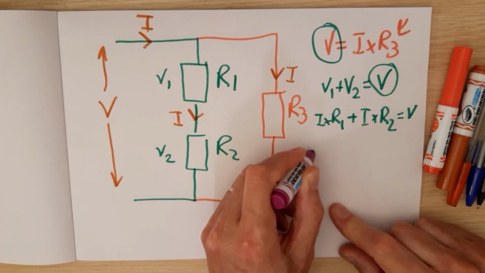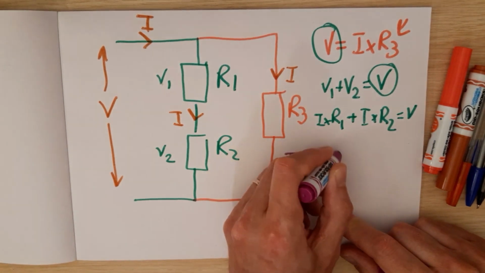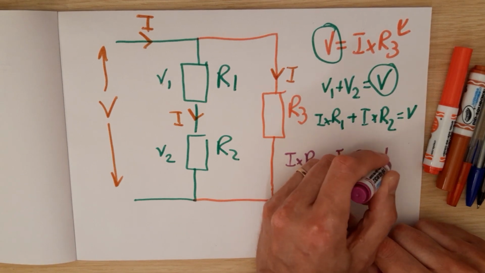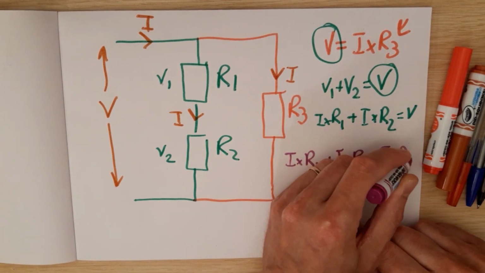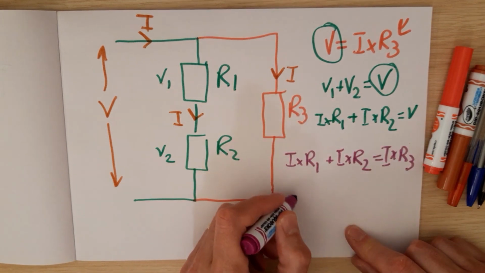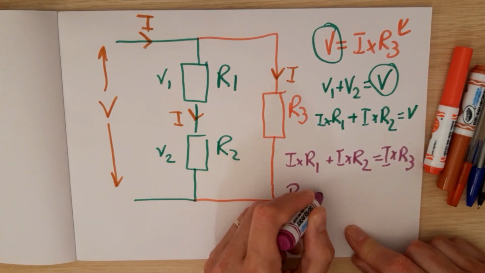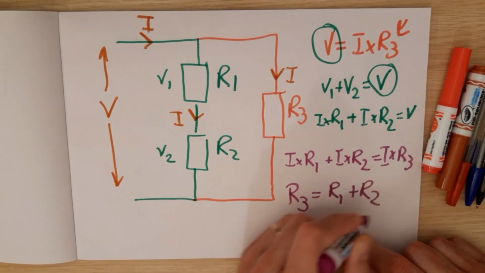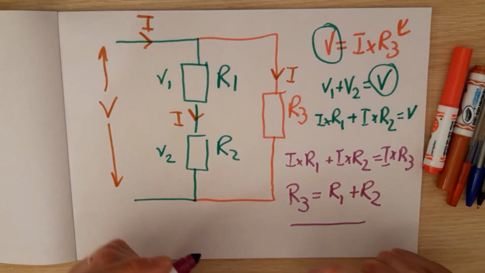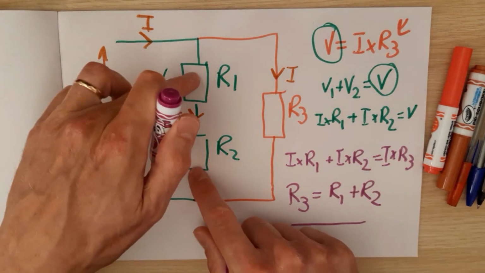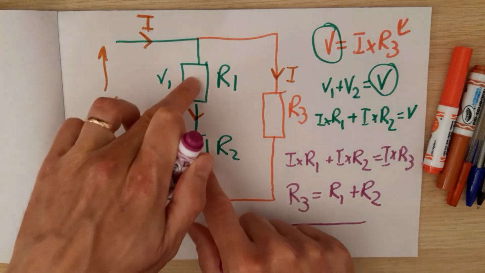I times R1 plus I times R2 equals I times R3. Divide by I all the way through, it disappears. So R3 equals R1 plus R2. So when we have resistors in series, their equivalent value is just the sum of their values.